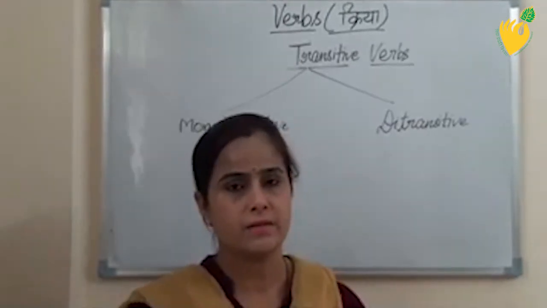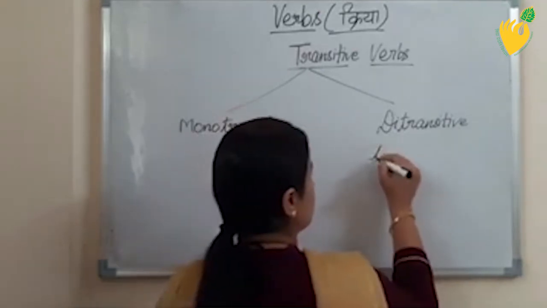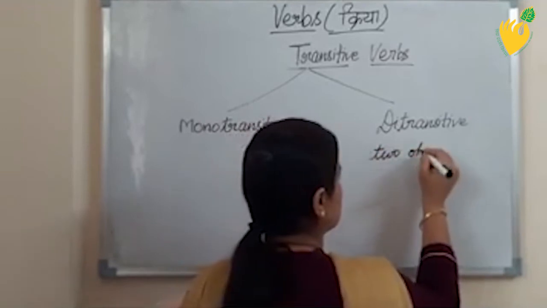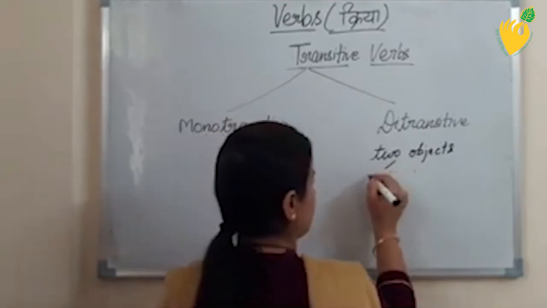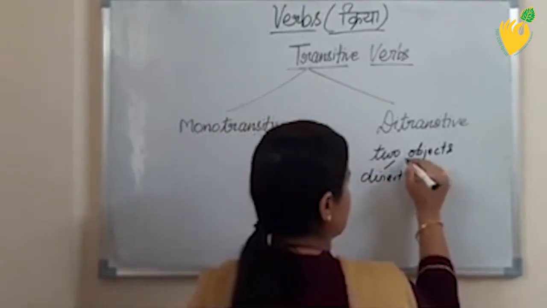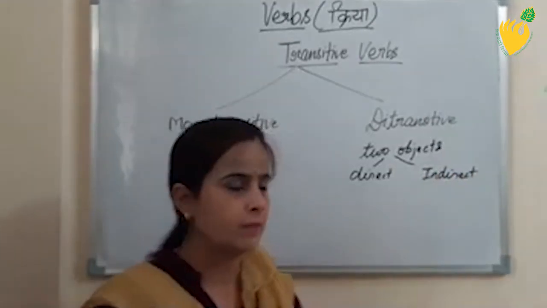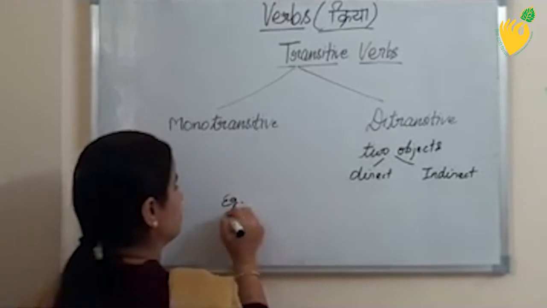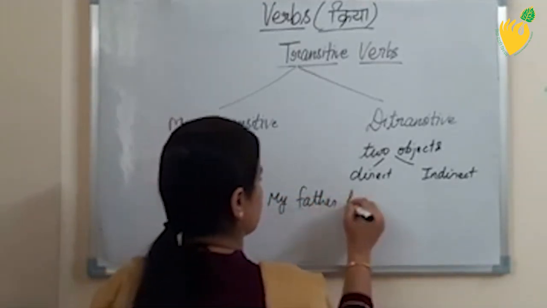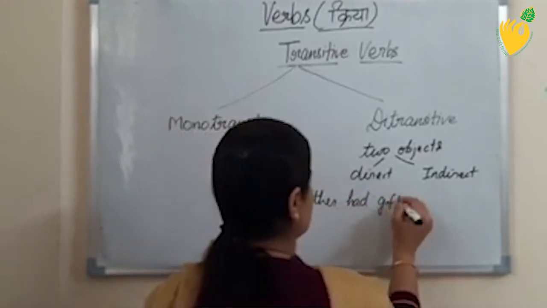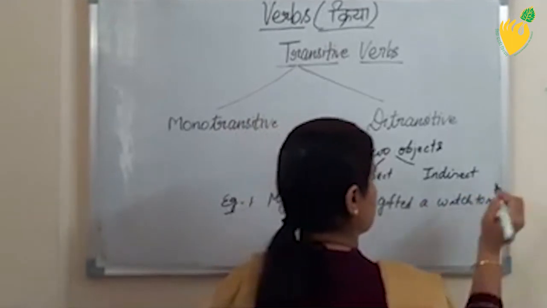Next is ditransitive verbs. Ditransitive verbs are the verbs which need two objects to complete its meaning. One is the direct object and the second one is the indirect object. Now look at the examples. First one is, my father had gifted a watch to me.